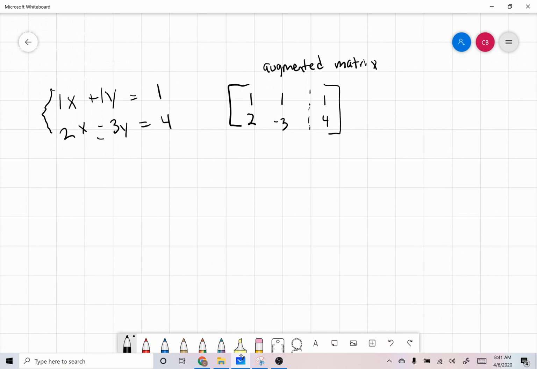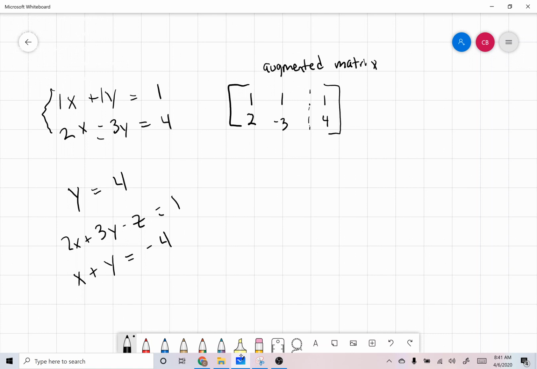I'll give you some more. You can have the following. We can have y is equal to 4, or we can have 2x plus 3y minus z is equal to 1, and then we can have x plus y is equal to -4.